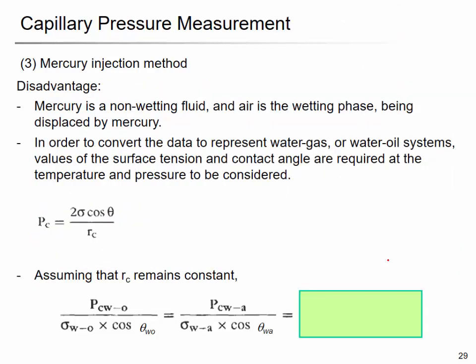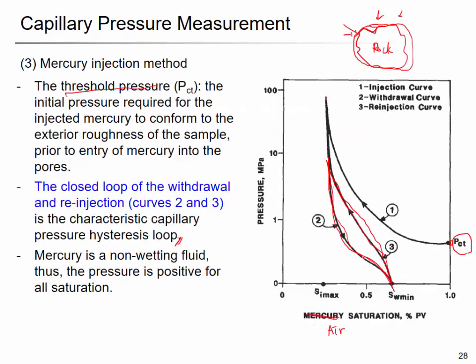Disadvantage of the mercury injection method is the mercury is a non-wetting fluid, the air is the wetting phase being displaced by the mercury. And in order to convert the data to represent the water-gas or the water-oil system, the values of the surface tension and the contact angle are required at the temperature and pressure to be considered. So here the capillary pressure curve is actually for the mercury and the air, right?